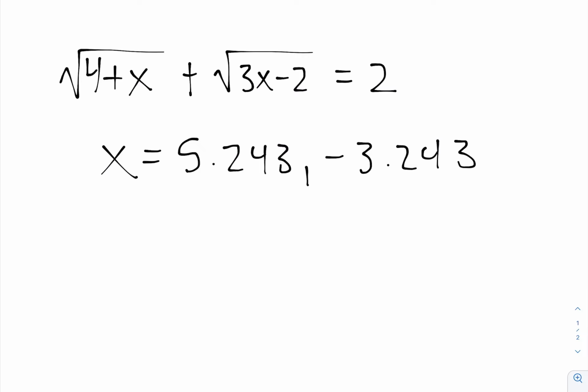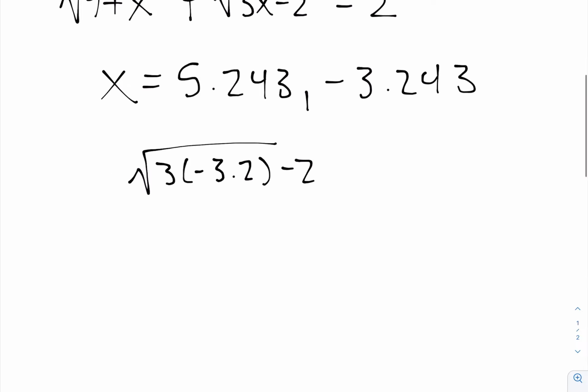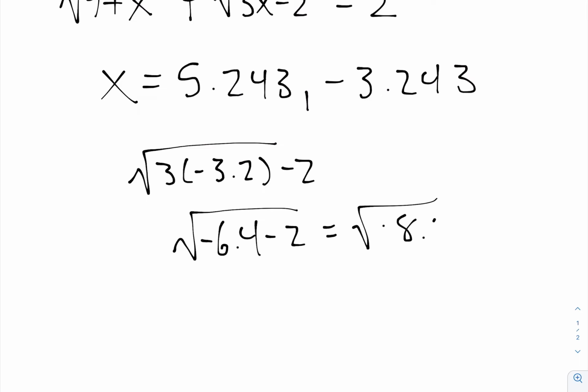For example, if we plugged in about negative 3.2 for x in 3x minus 2, this would be the square root of 3 times negative 3.2 minus 2, which is the square root of approximately negative 8.4. And we can't have the square root of negative numbers.